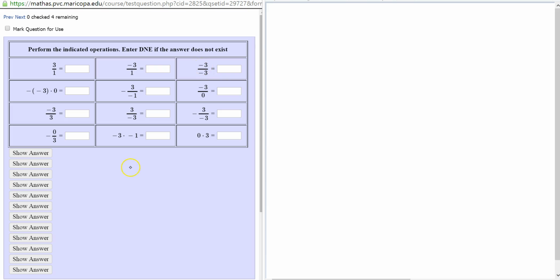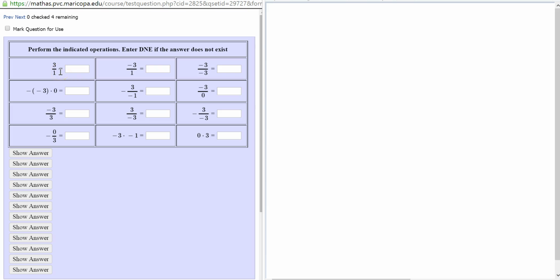So all of these are going to be pretty easy problems to do because we have some nice properties involving multiplication and division and the numbers 1 and 0. So rather than just state those properties and use them to apply it, let's think of these based on the idea of how we talked about division and multiplication.